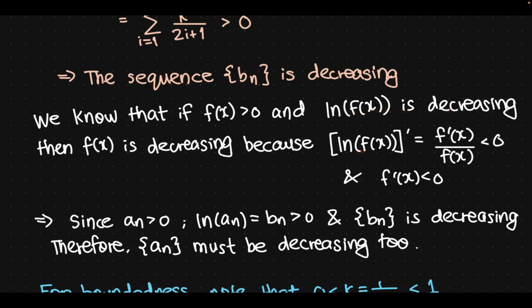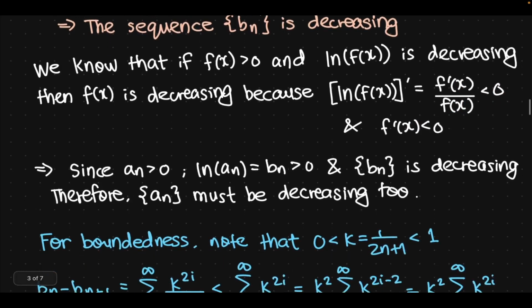That's why the derivative of ln of f of x must be less than 0. And therefore, in this quotient, we know that f of x is positive. That means f prime of x must be negative, because otherwise we won't get a negative number.